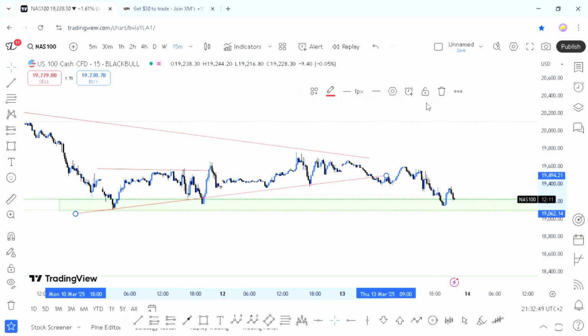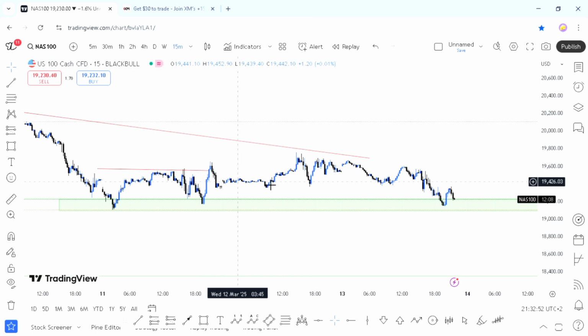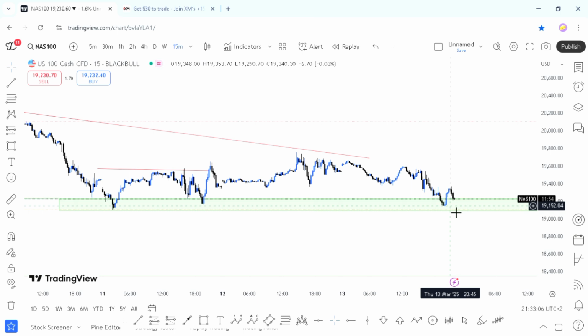And from there, we know we had a break of structure on our lower time frame and we created a new higher high, which was a change of character, and now the market is creating a new fresh higher low.